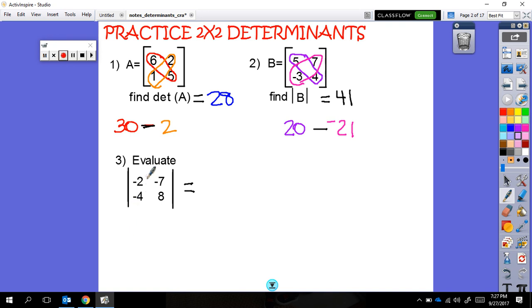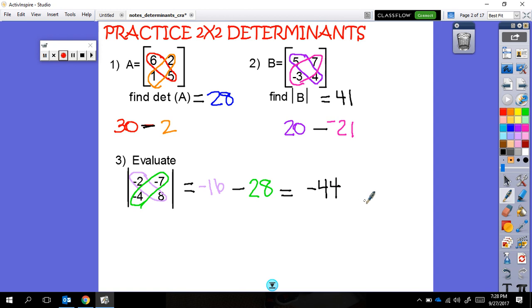Okay, for matrix 3, we multiply this first diagonal, so negative 2 times 8 is negative 16, minus, go the other diagonal, which is negative 4 times negative 7, or positive 28. So we have negative 16 minus 28, which is negative 44.